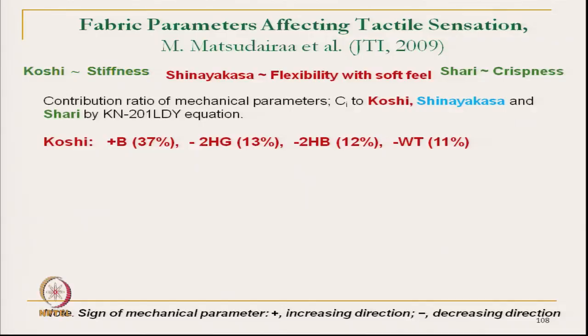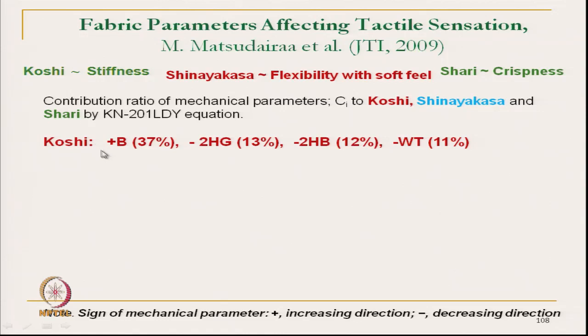Shinayakasa is flexibility with softness related characteristics, and Shari is crispness. So the contribution ratios of the mechanical parameters to Kochi, Shinayakasa and Shari can be obtained using the earlier equation. What is Kochi? Kochi is a stiffness characteristic.